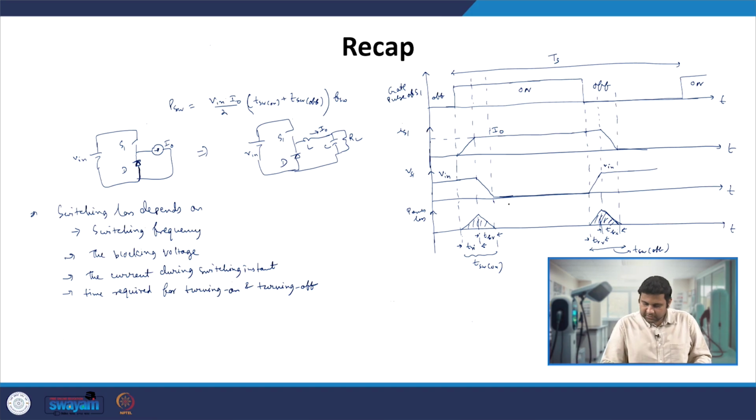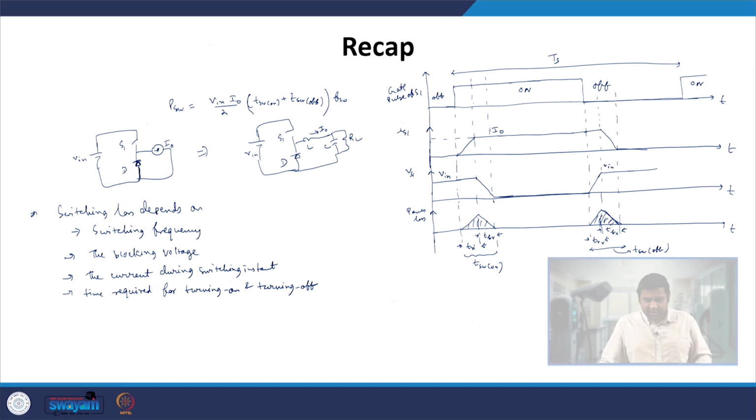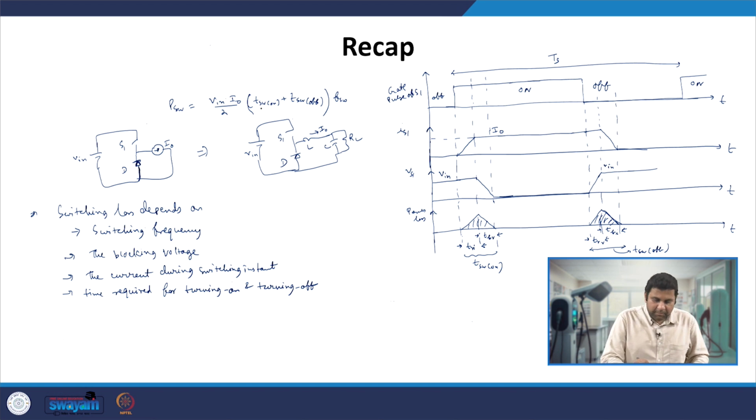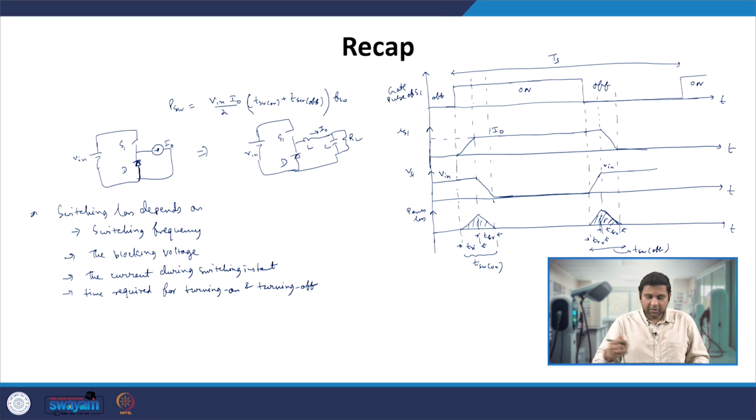P switching is nothing but V in times I naught. V in is the voltage applied across the bridge comprising the switch and the diode, and I naught is the current coming out of that half bridge, multiplied by the period during which the switch is turning on, which is T switch on, a combination of the rise time of current and the fall time of voltage, plus the loss occurring during the switch off time, which is again V in I naught by 2 times T switch off.